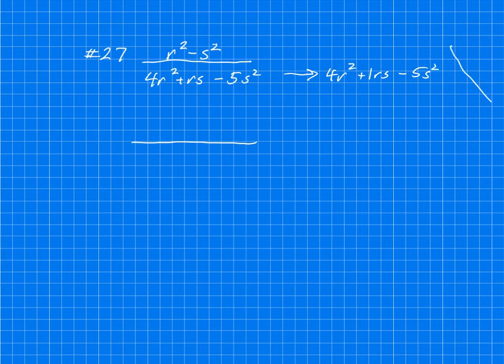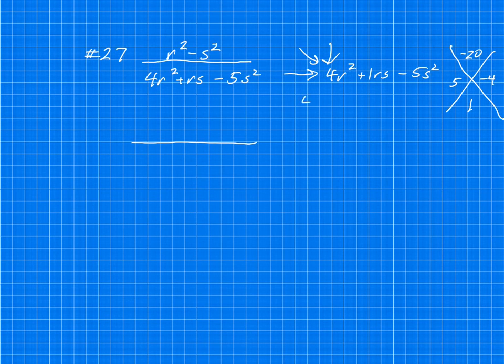We're going to split the middle term because we always want to split the middle term if we ever have a number that's bigger than 1 in front of the r squared. So in this case, the top number is going to be 4 times negative 5, or negative 20, and the middle term is 1. Two numbers that multiply to negative 20 and add up to 1 will be 5 and negative 4.